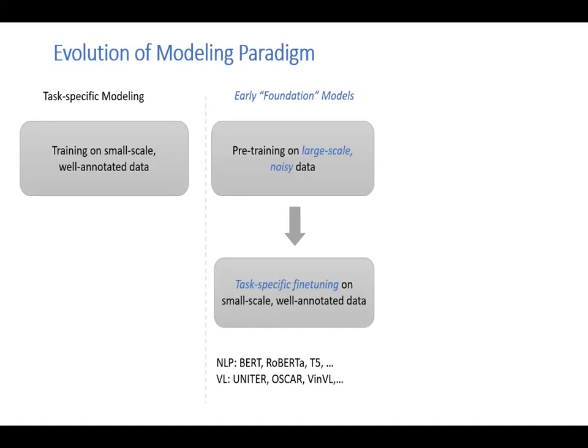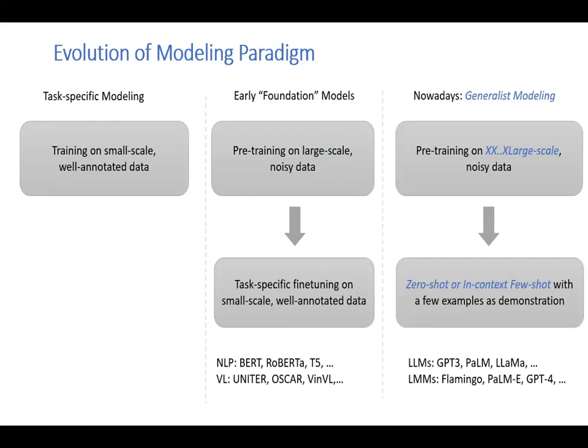But the fine-tuning stage is still mostly task-specific on the same small-scale, well-annotated data as the task-specific modeling. And this paradigm has become very popular in both NLP and vision language research. And we witnessed many well-known models, which used to be considered as large-scale models, but maybe more intermediate or even small size in today's view.